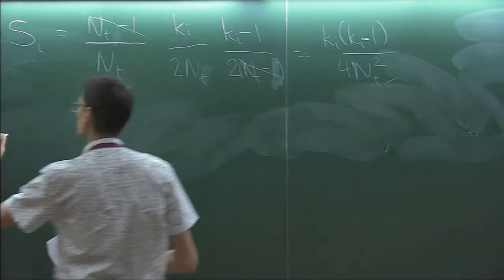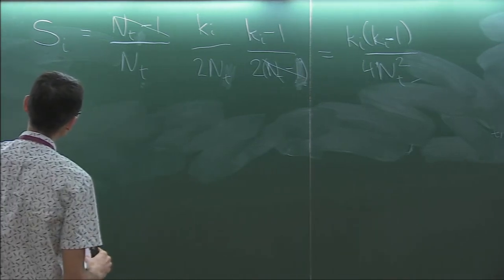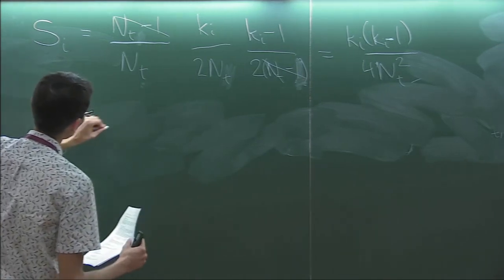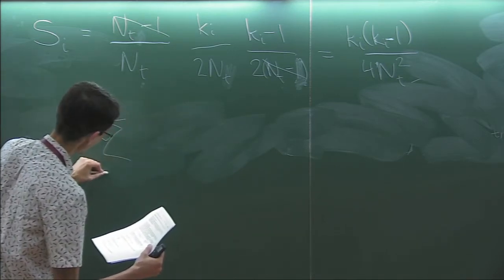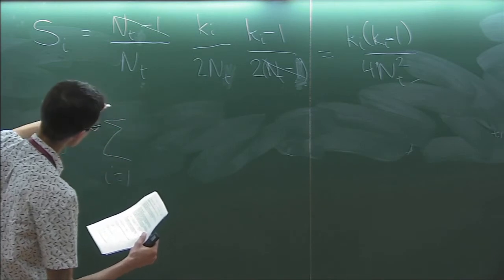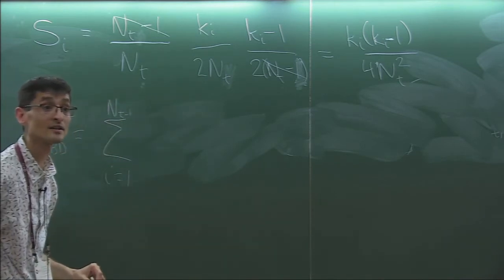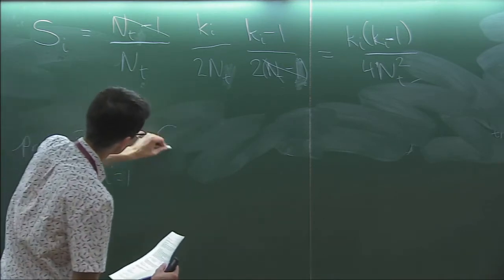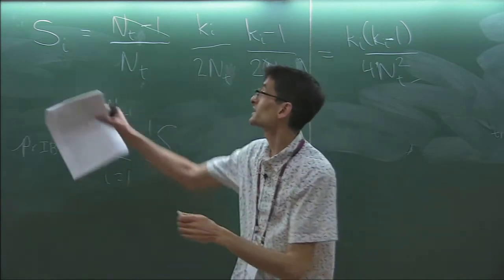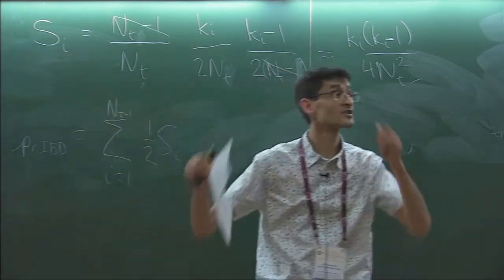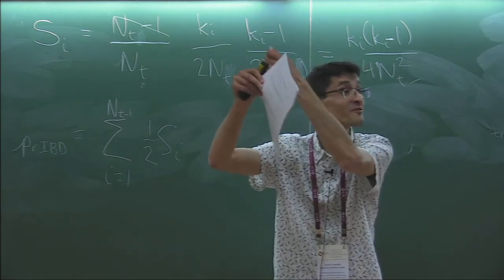And so when I think about the probability that 2 alleles are recently identical by descent, I would have to sum from i equals 1 across all the possible parents, Si, and I have to include a factor of 1/2, because the Si as I've defined it is just the chance that 2 alleles came from the same parent. We also need the chance that they're the same allele from that parent.